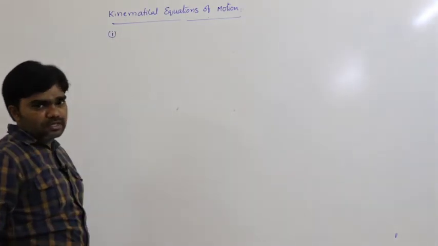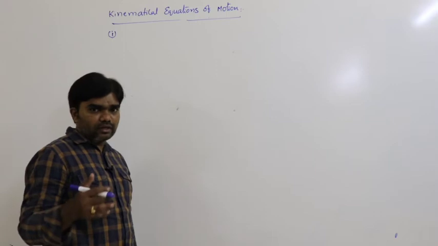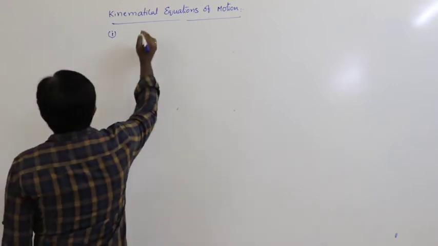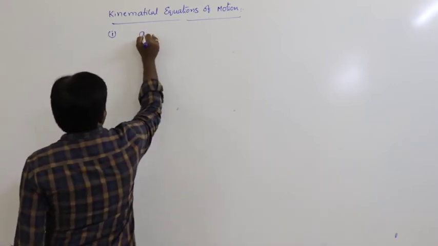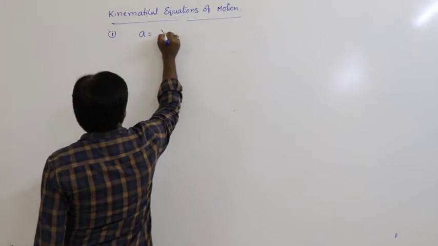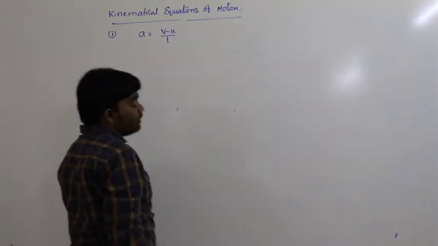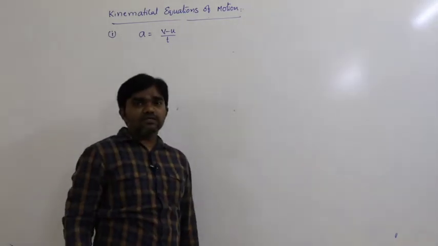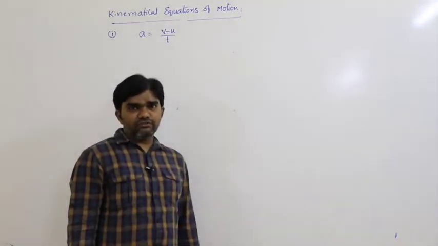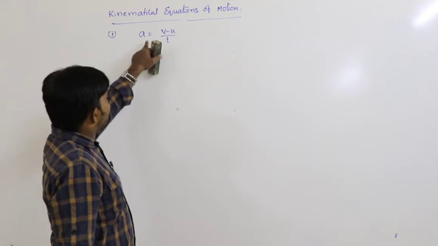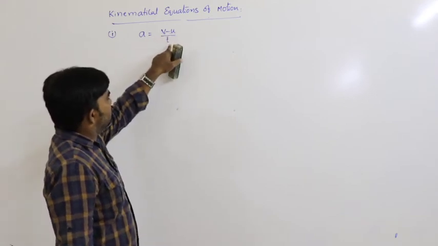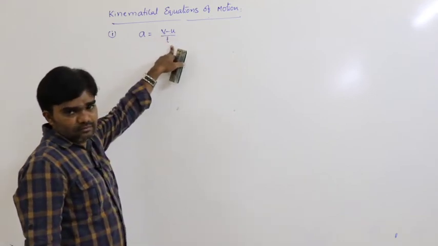V equals U plus AT. How can we derive that equation? See here, we know acceleration is equal to the rate of change of velocity. Acceleration can be written as rate of change of velocity. So generally acceleration is equal to (V minus U) by T. General formula.